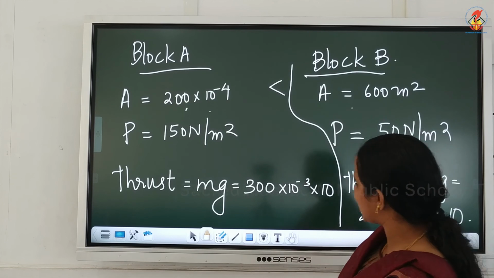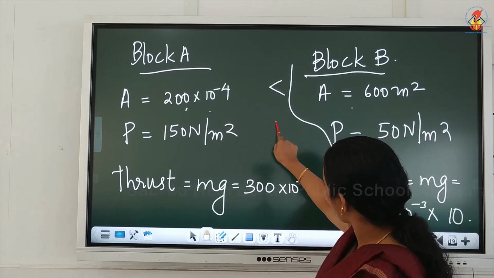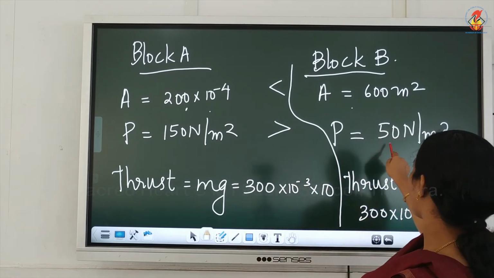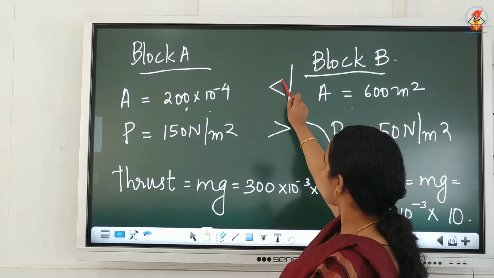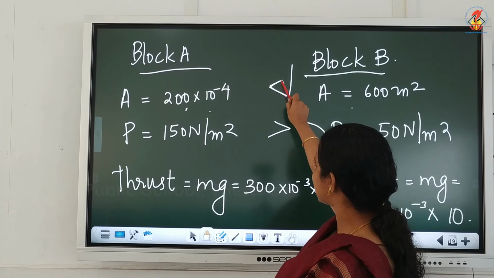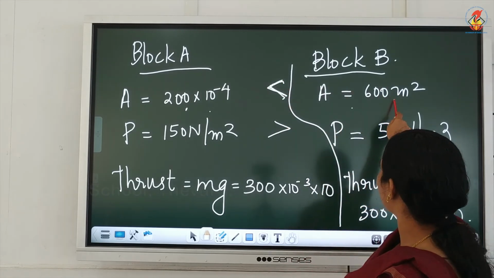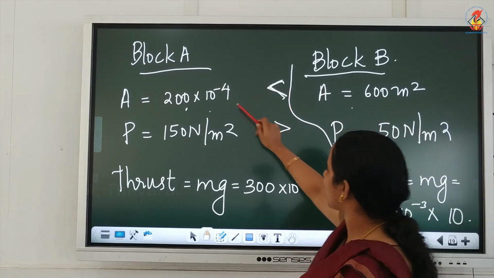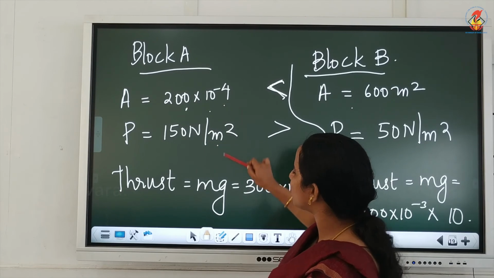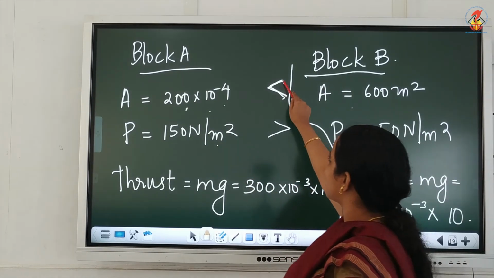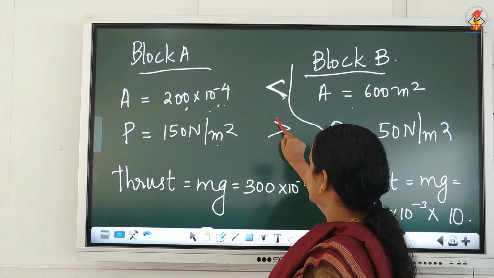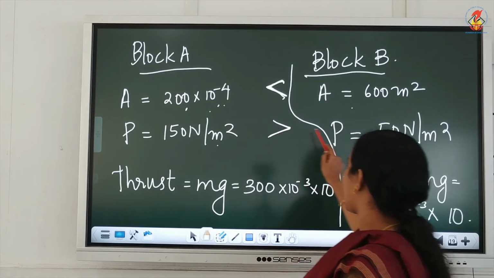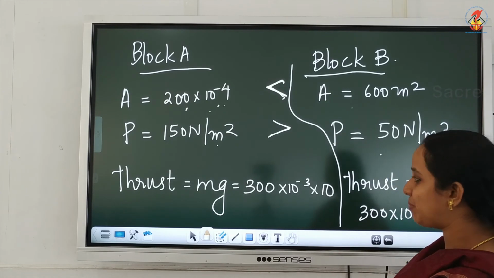Now compare the pressure. The pressure of block A is more than the pressure of block B, because the area of block A is less compared to block B. Since area and pressure are in inverse proportion, if area is less, pressure will be more. So the pressure exerted by block A is more than block B.